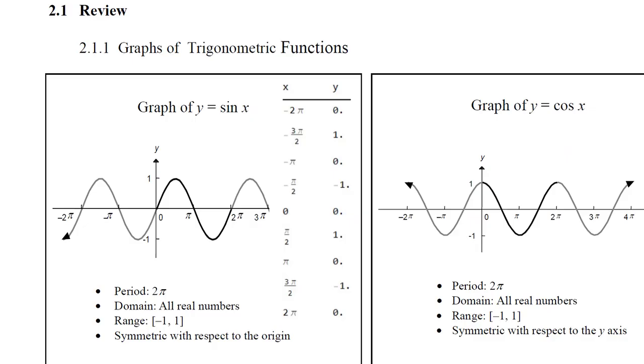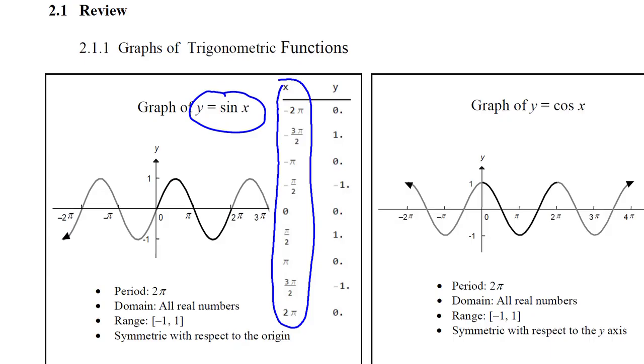First, we look at the graph of y equals sine x. You are already familiar with this graph. You can plot the value of x and then get y. Let's say x is negative 2 pi.